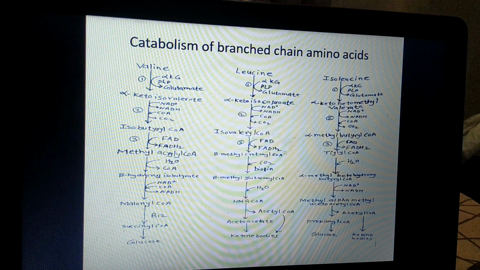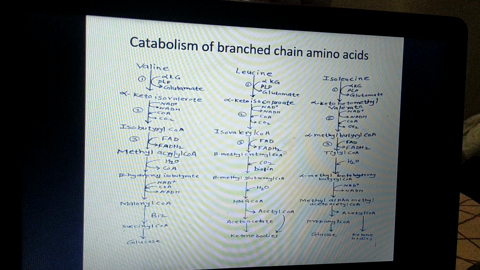HMG CoA means beta hydroxy beta methyl glutaryl CoA, and this HMG CoA in the next step is converted into acetoacetate. So acetoacetate is a ketone body, and this acetyl CoA is converted into ketone bodies. So the products which are formed by breakdown of HMG CoA, that is acetoacetate and acetyl CoA, both are converted into ketone bodies.